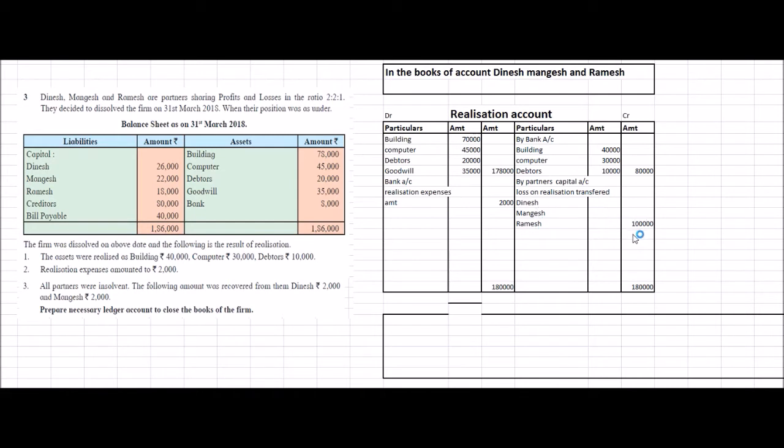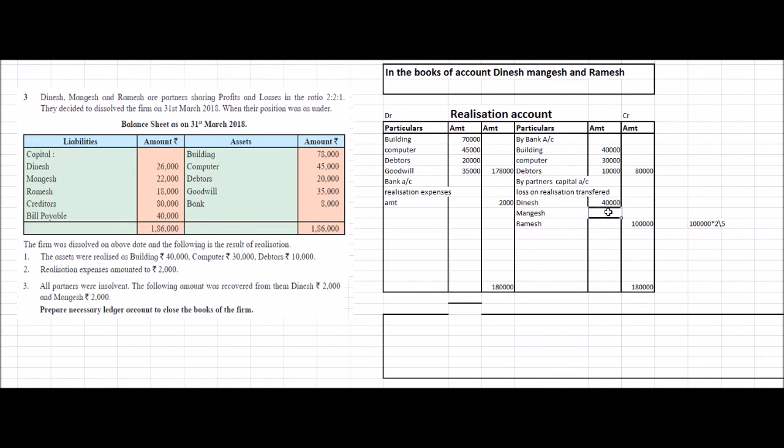So Dinesh's amount is 1 lakh into 2 divided by 5. The amount is 40,000 rupees for Dinesh.